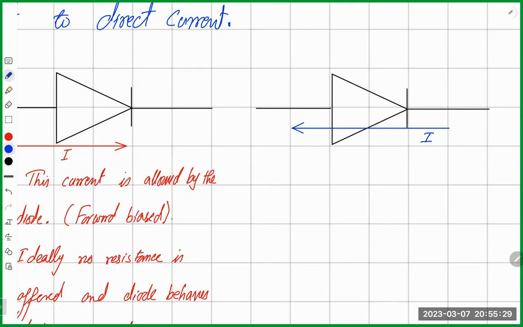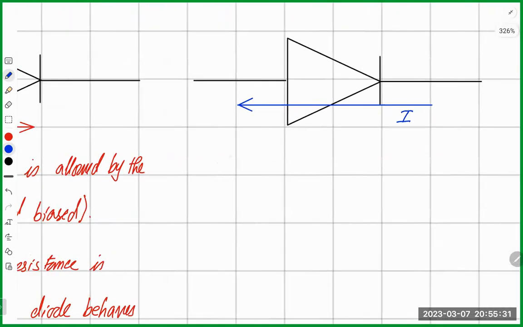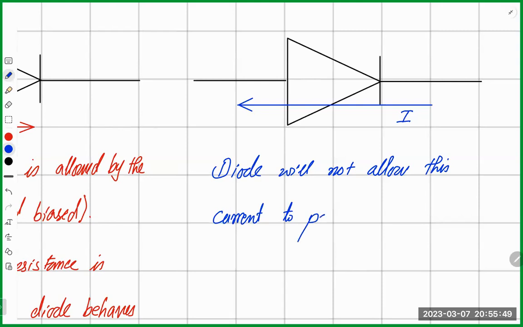No. So the diode will not allow this current to pass as this diode is reverse biased.